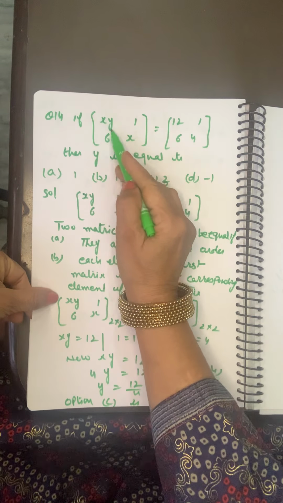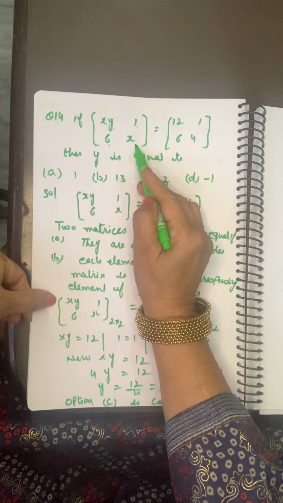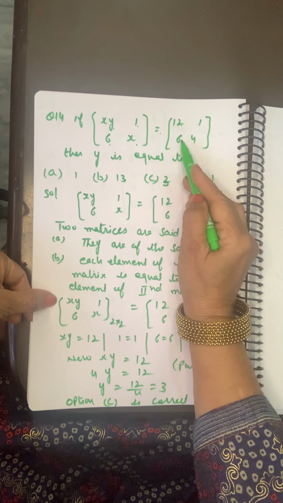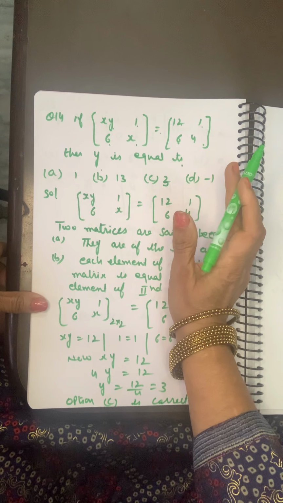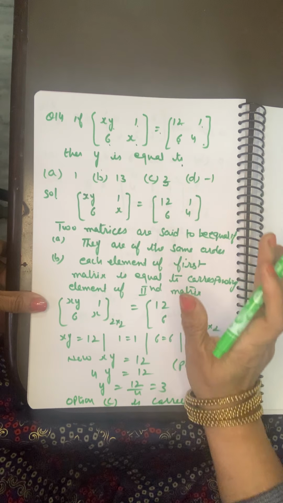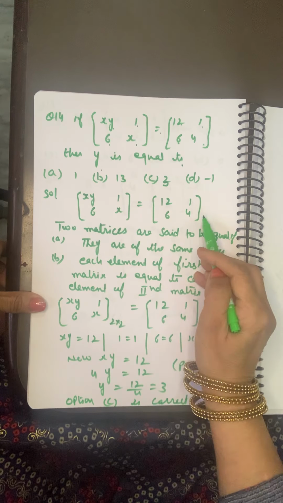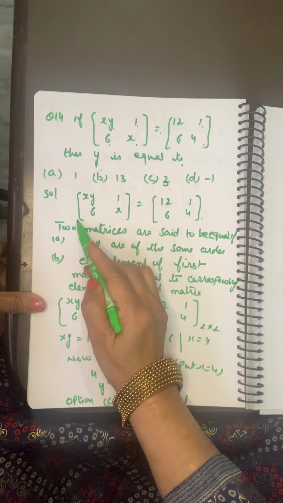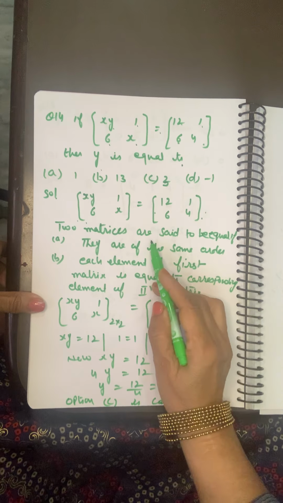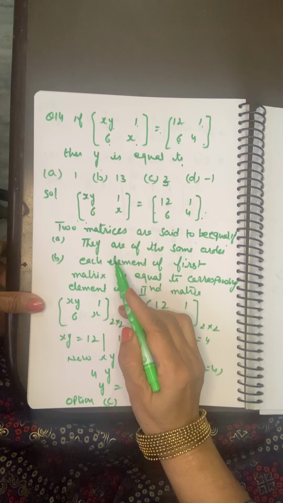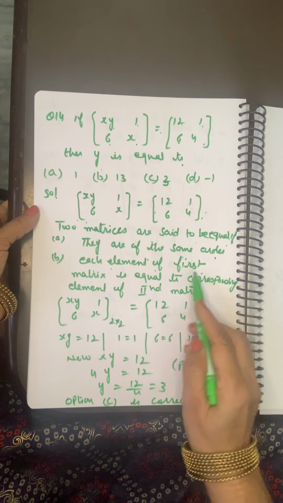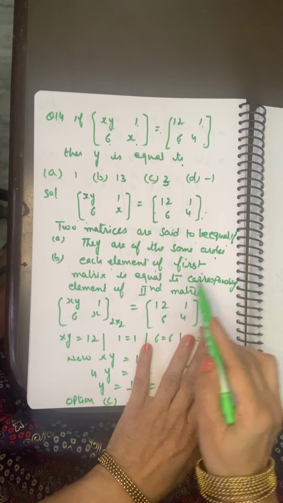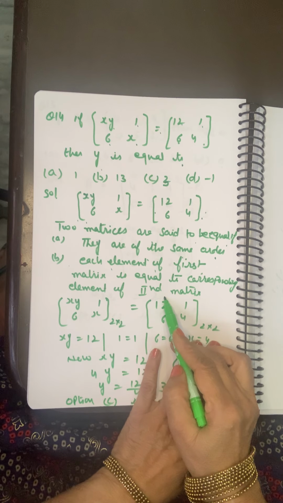If the matrix xy, 1, 6, x equals the matrix 12, 1, 6, 4, then y is equal to, we have to find the value of y. Again 4 options are given. Solution: we will write this matrix equal to this. Two matrices are said to be equal if they are of the same order and each element of the first matrix is equal to the corresponding element of the second matrix.